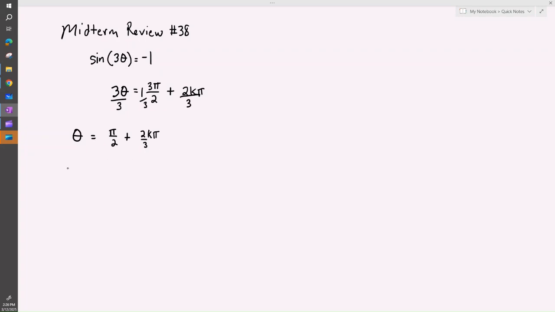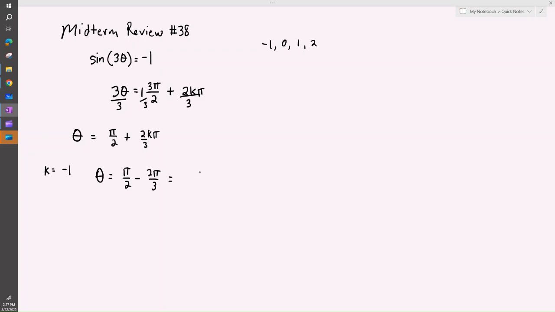Okay, so this is where we'll want to start with k. If I start with k at -1, typically we want to do -1, 0, 1, 2 at most, and with k at -1, we're going to get theta is equal to pi over 2 minus 2 pi over 3.